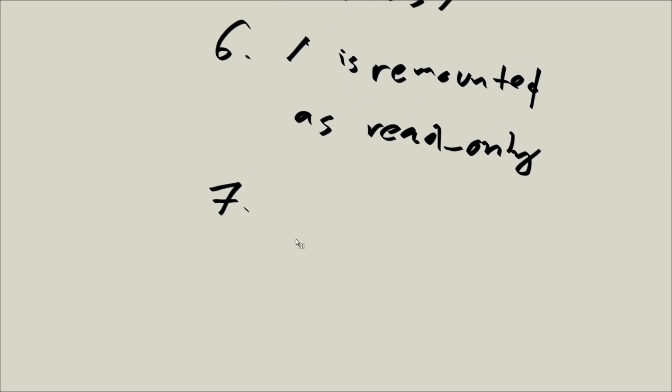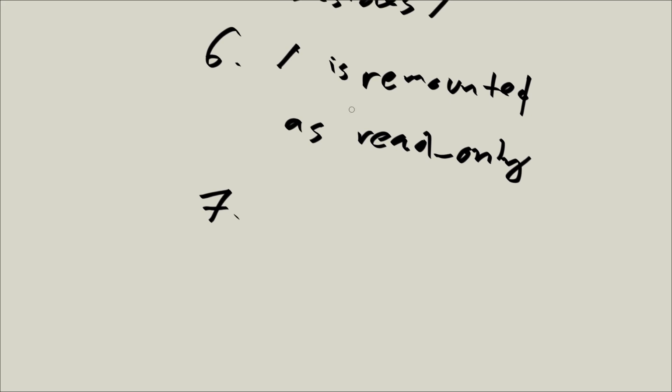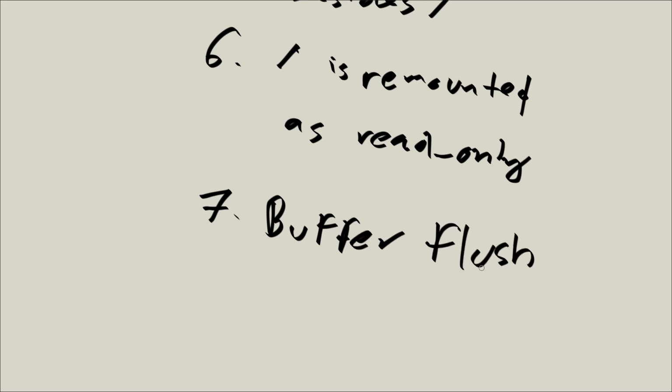The seventh step is actually contained in the sixth step. This is also known as a buffer flush. The same way when you flush your toilet, the system flushes all the data in the buffer into the corresponding file systems.